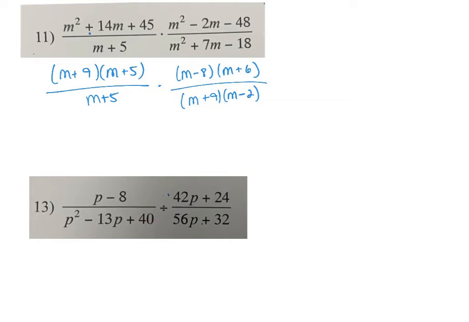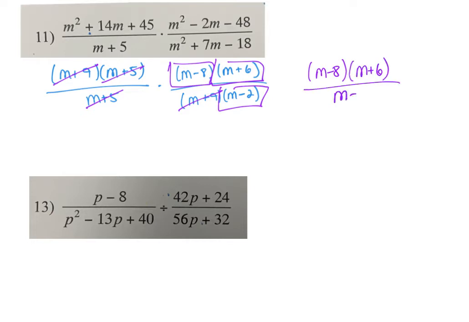M plus 9, that can cancel top to bottom, right. M plus 5 can cancel top to bottom. M minus 8 cannot cancel. M plus 6 cannot cancel. And M minus 2 cannot cancel. So I'm left with M minus 8, M plus 6 in the numerator, M minus 2 in the denominator.